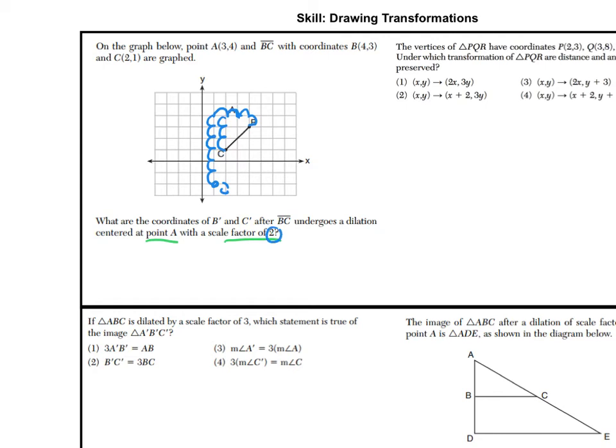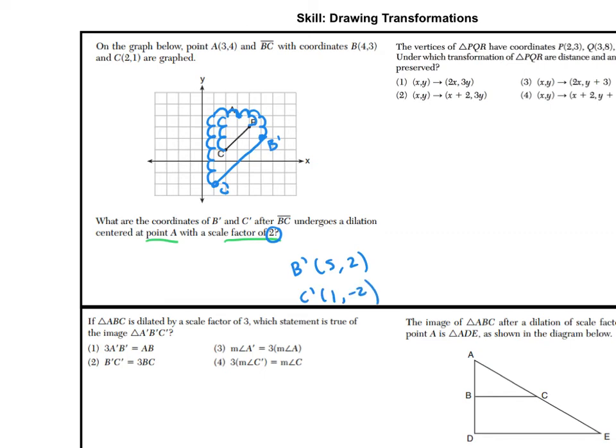Now I'm going to go double the distance. So I go 2 to the right and then 2 down. And that's B prime. And so the coordinates of B prime is at 5, 2, and C prime is at 1, -2.